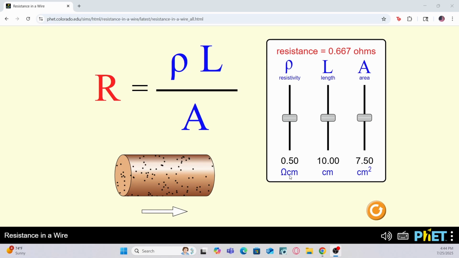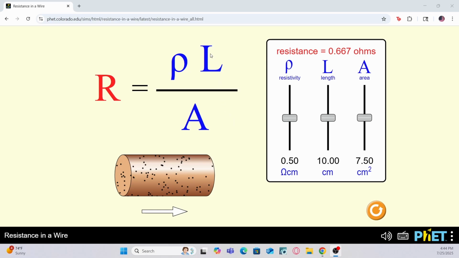Okay, so it's ohm meters. This is ohms. So this is the overall difficulty of flow of electrons to pass through a conductor. This is the difficulty of the flow of electrons to pass through a length of conductor. Okay, a certain length. And it is multiplied by the length, the overall length of the conductor.